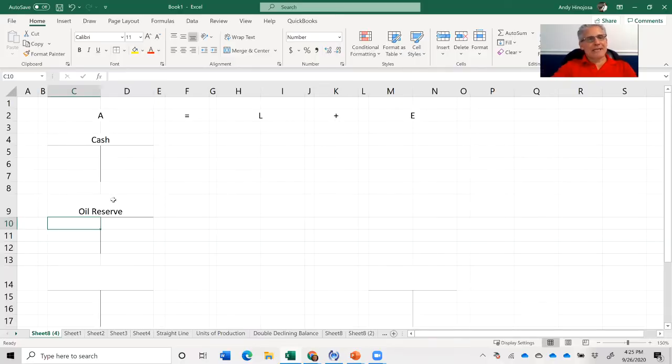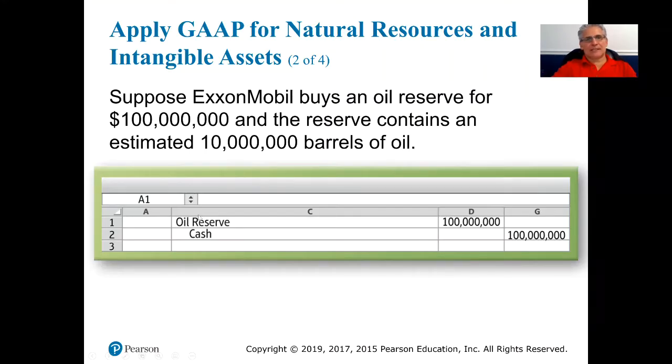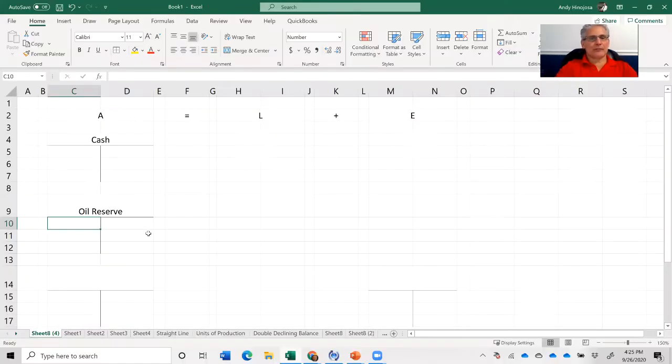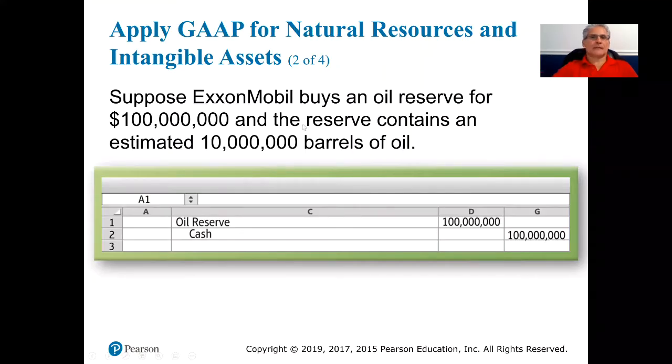Looking at the impact on the accounting equation, this would be a debit to oil reserves for 100 million and a credit to cash for 100 million. So that's the purchase of the oil reserves.